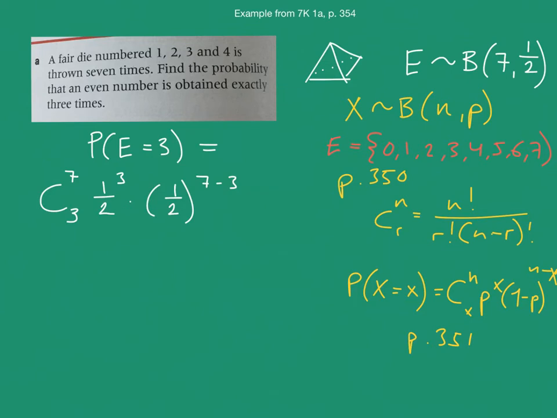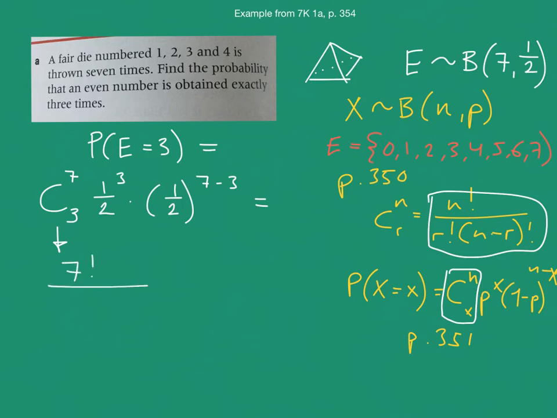So again, this is going to be equal to, and now we're going to exchange this bit with this expression here. So that means that this C here, we're going to translate that into 7 factorial divided by 3 factorial multiplied with 7 minus 3 factorial.